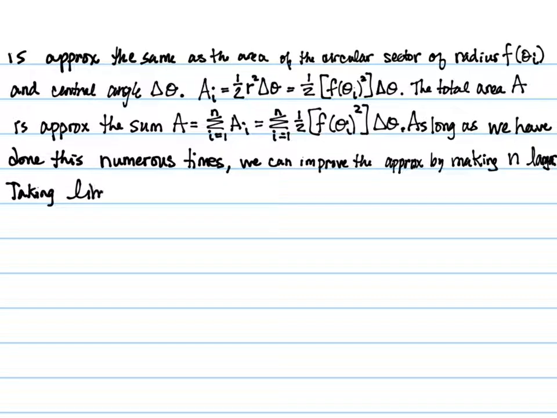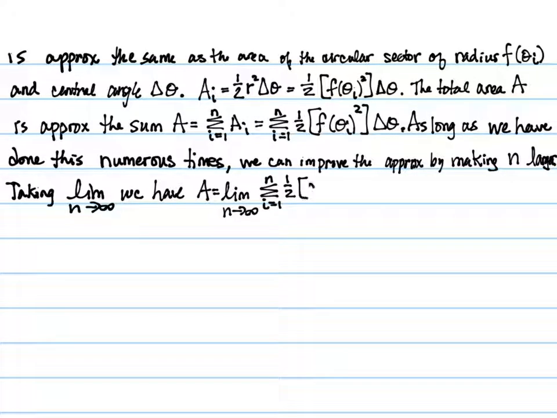Taking the limit as n goes to infinity, we have area equals the limit as n goes to infinity of the summation from i equals 1 to n of 1/2 f of theta sub i squared delta theta. But here's the kicker.